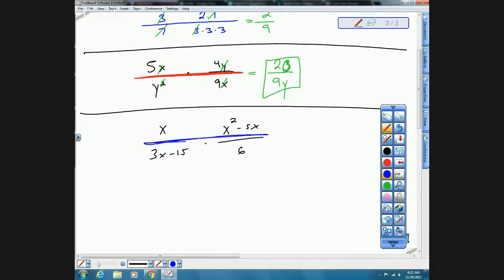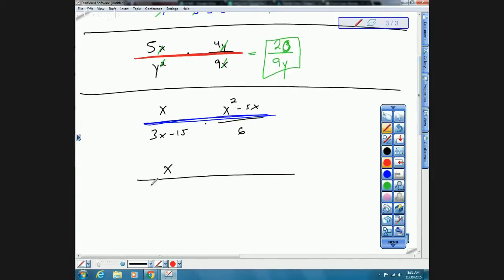All right, so here, again, those two are on top and these are on bottom, but let's simplify. Can't simplify this one. Can't simplify that x, but what can I do right here on the bottom left? Factor out a 3 and get x minus 5. What can I do in the upper right-hand corner here? Factor out an x and get x minus 5. And then I guess you can't do anything to that 6.